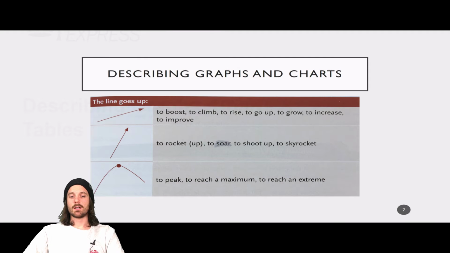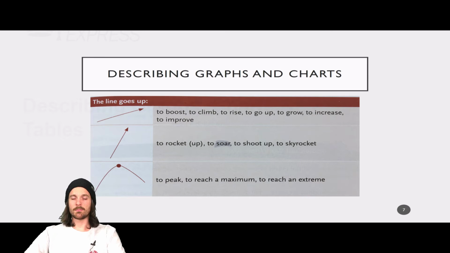Okay, describing graphs and charts. So what to do when the line goes up, basically. It's also in the book, so that's where I got it from. Something can boost, something can climb, increase, and so on.